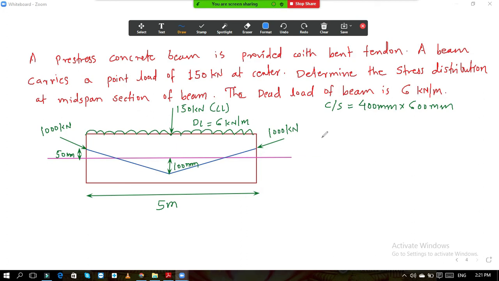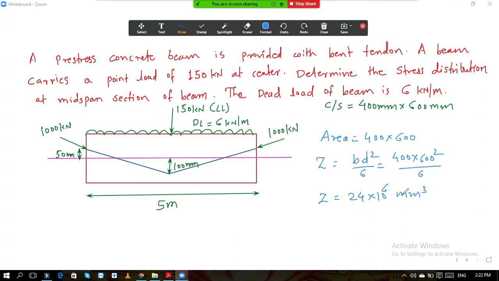So first of all, area is 400 by 600. Do the calculation. Then section modulus Z is equal to BD square by 6. So it is 400 by 600 square divided by 6. The value of Z is 24 into 10 to the power 6 mm cubed. Now sin theta we need to calculate.